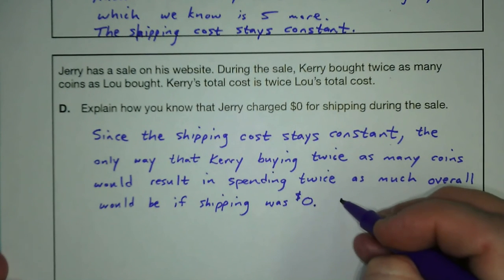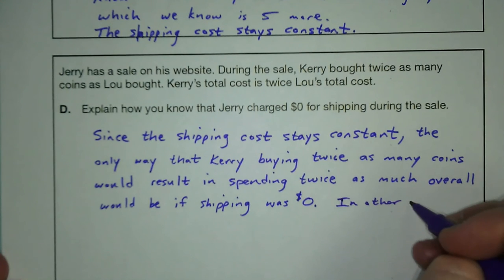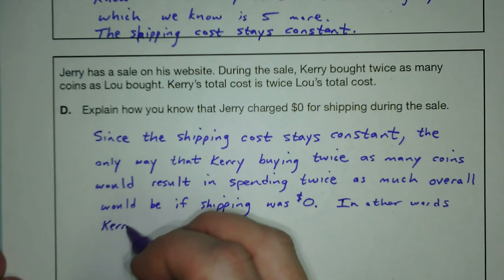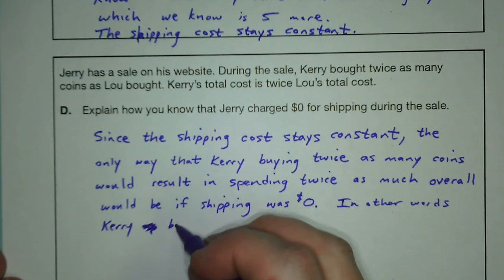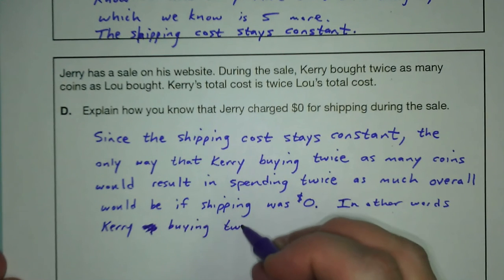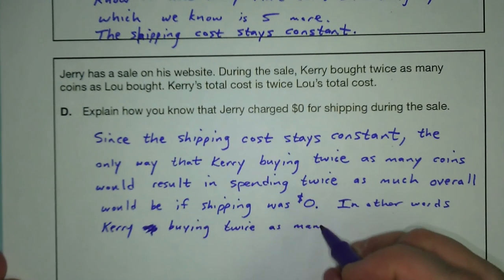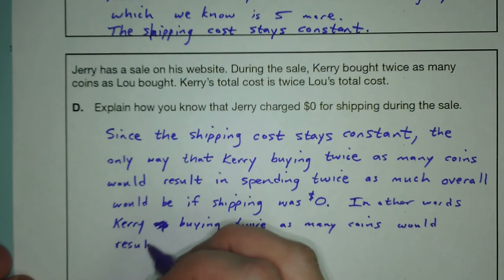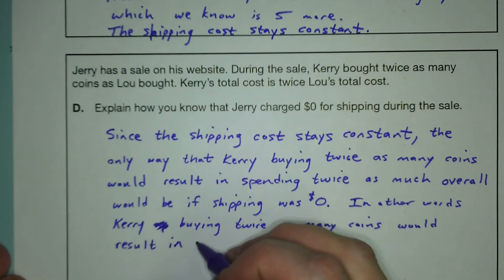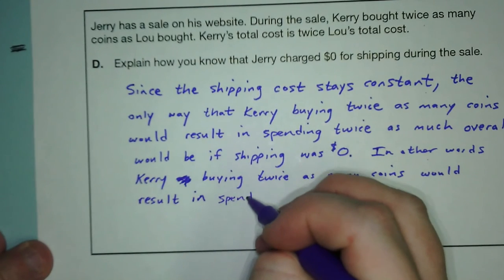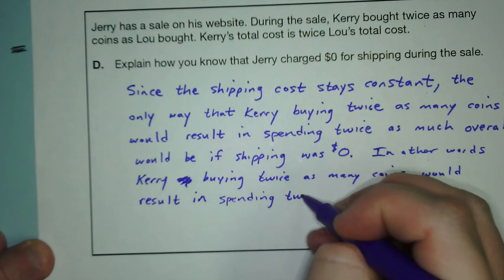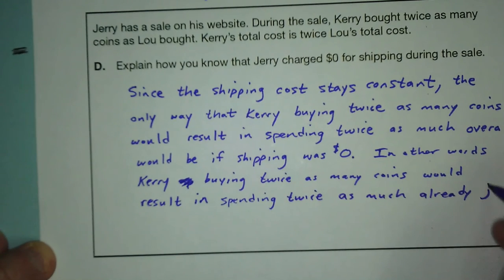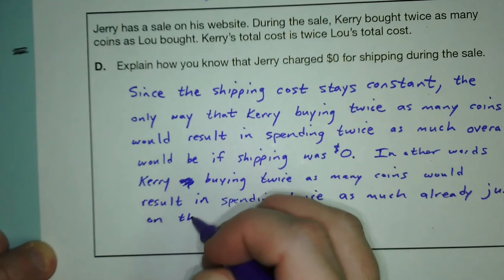In other words, Carrie buying twice as many coins would result in spending twice as much already just on the coins.